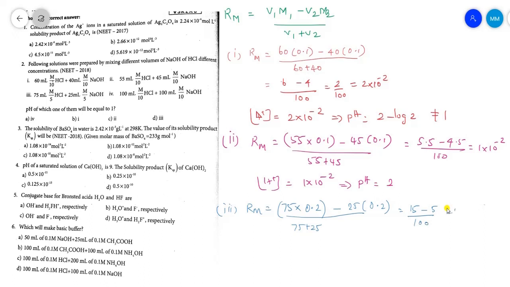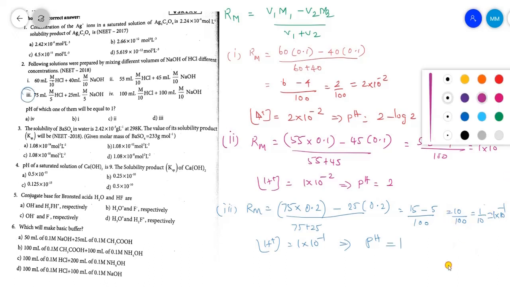This is equal to 10 by 100, 1 by 10, which is equal to 1 into 10 to the power of minus 1. H plus ion concentration is equal to 1 into 10 to the power of minus 1. Therefore, the pH is equal to 1. So, our answer is the third option.